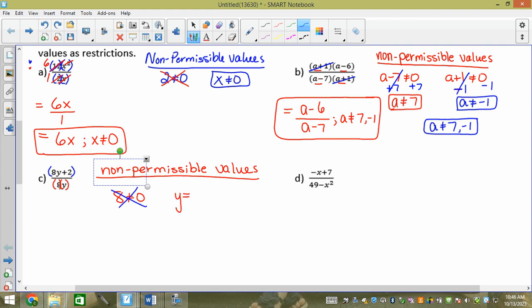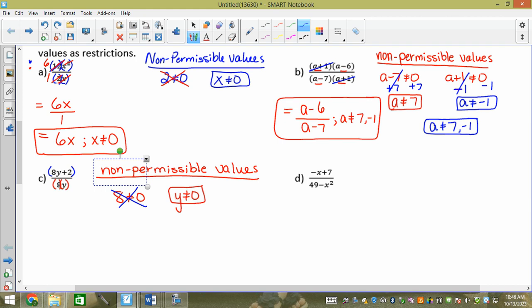So that's my only NPV. Now, I have an 8 in its own bracket, a y in its own bracket, and 8y plus 2 in a bracket. The 8y plus 2 can only cancel off if there's an 8y plus 2 in the bottom. Is there? No. But what we can do is see if there's maybe a GCF I can take out of that numerator. Is there anything I can take out of 8y plus 2?